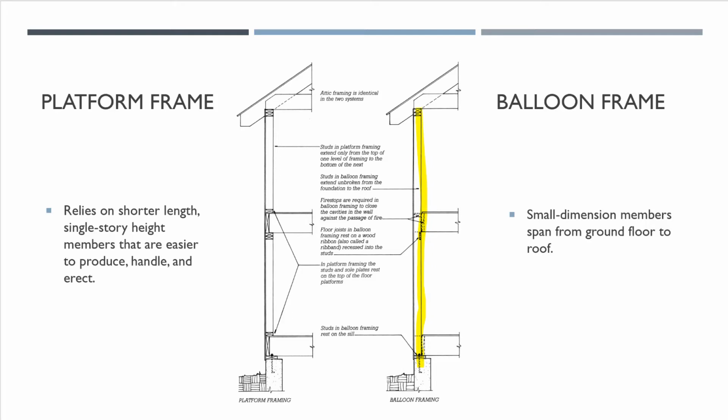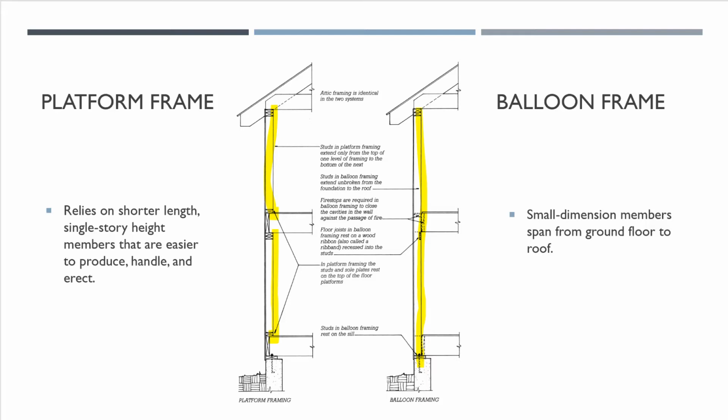As far as platform frame goes, you see that second story breaks up that structural member. So you see a stud going from the floor to the second floor, but then there's a break, and then from the second floor up to the rafter.